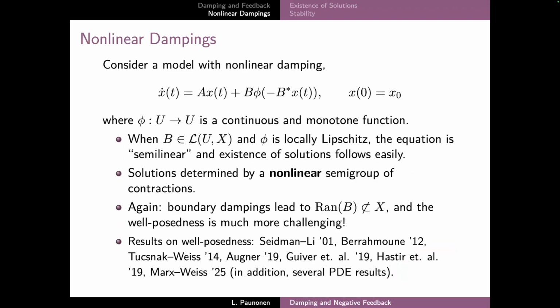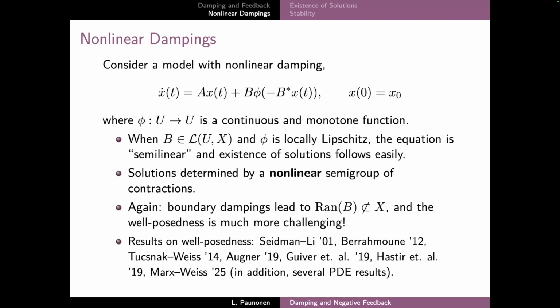And again, we start by asking whether our equation has solutions. And in the case where B is a bounded operator and phi is locally Lipschitz, this is relatively easy to answer. And our equation has solutions which are now determined by a nonlinear semigroup of contractions.